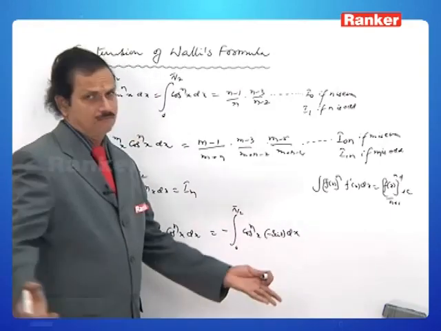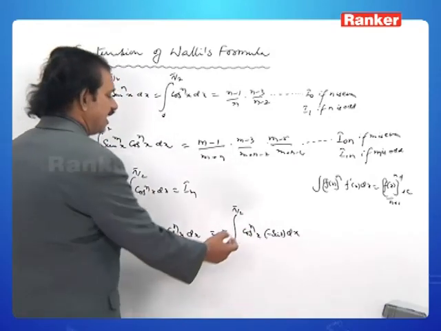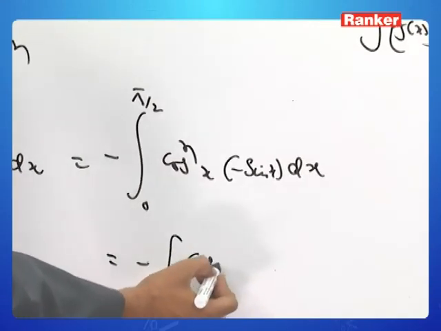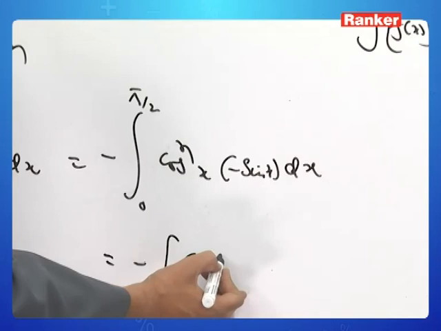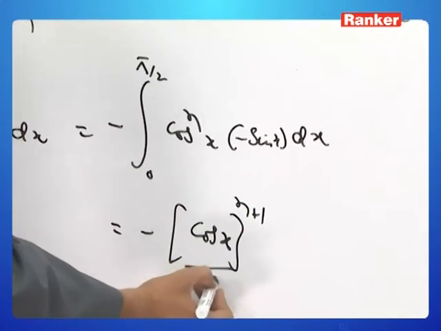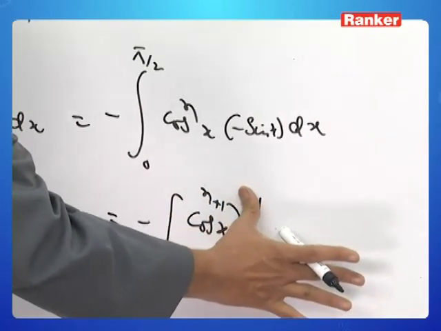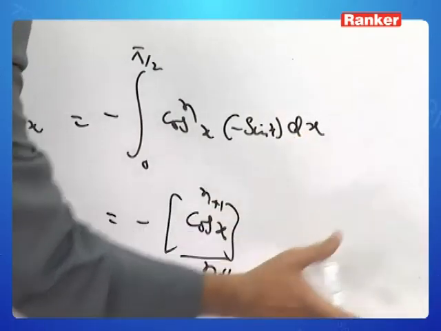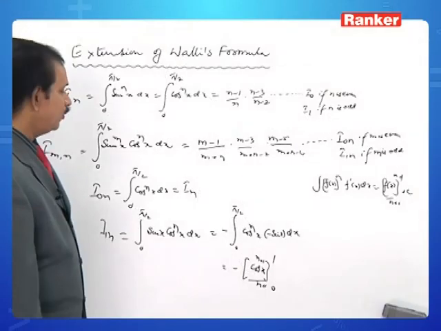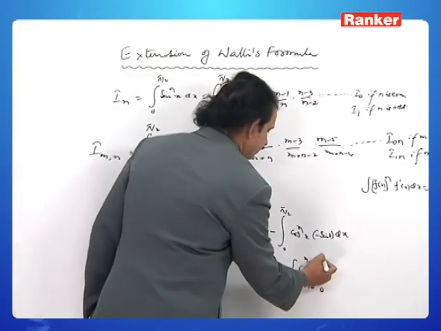For f'(x), minus sin x, absolutely in that similar fashion, so that we have the answer for this will be minus cos^(n plus 1) x by (n plus 1), between the limits 0 to pi by 2.